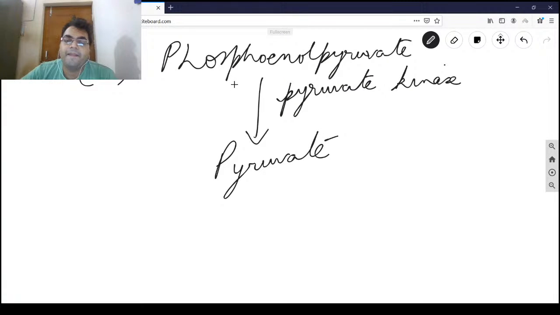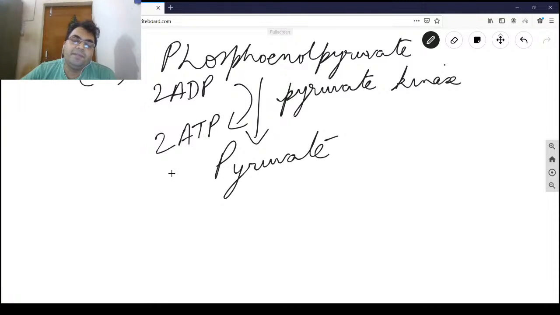Pyruvate, ADP to ATP. 2 molecules are there, they will be forming 2. So if you see the structure, I've already shown you, I'll draw it again. The phosphoenol pyruvate structure.